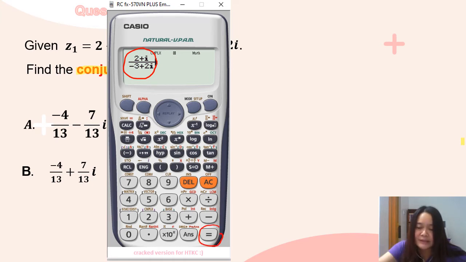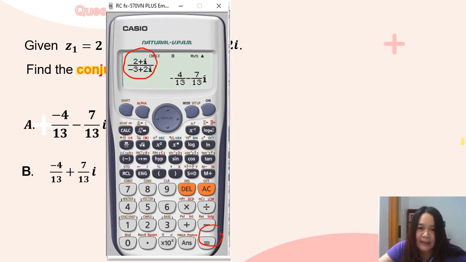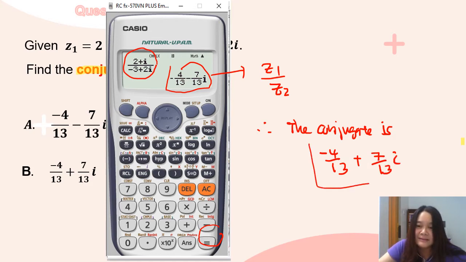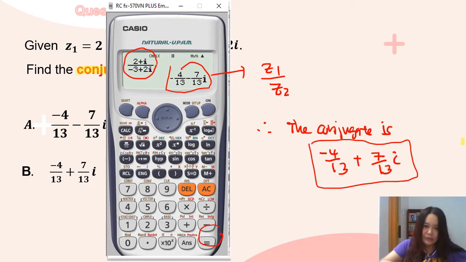You will definitely get the answer for Z1 divided by Z2. But the question didn't ask for Z1 over Z2. They want the conjugate. So the conjugate is minus 4 over 13 plus 7 over 13i. You may directly get the answer using the calculator.